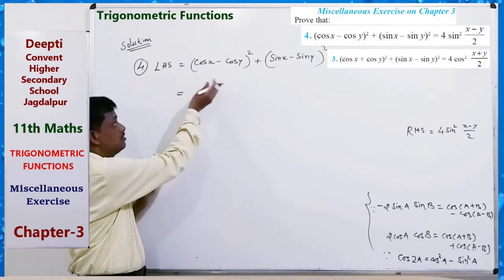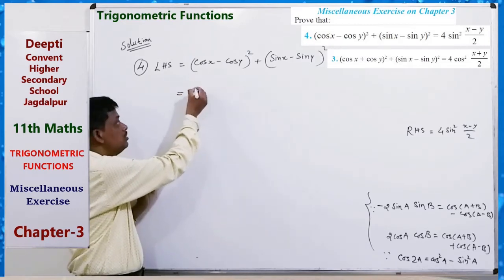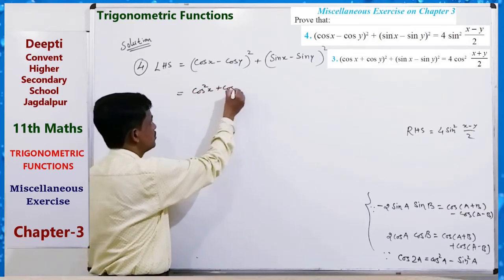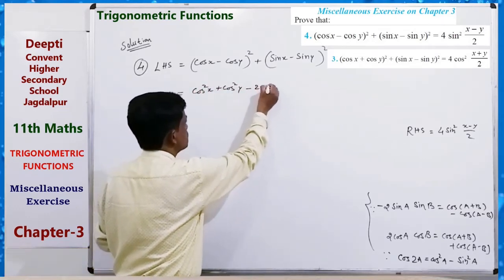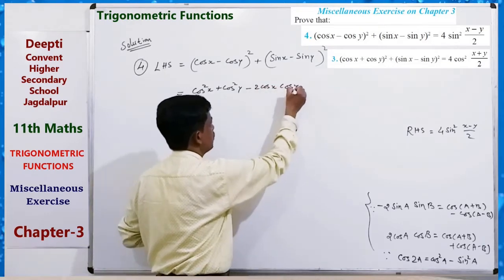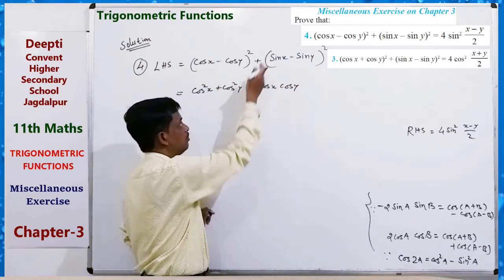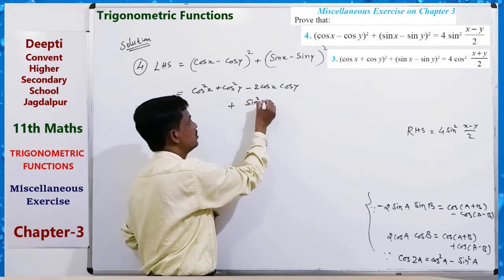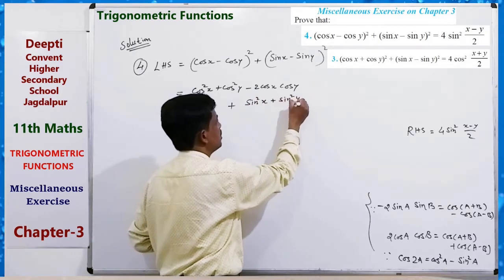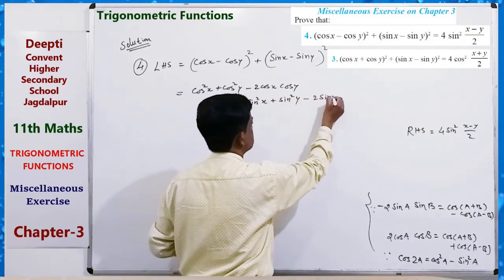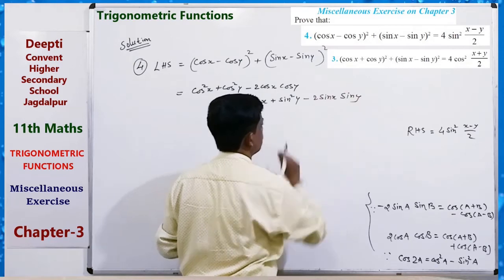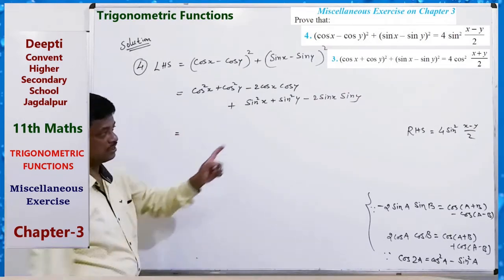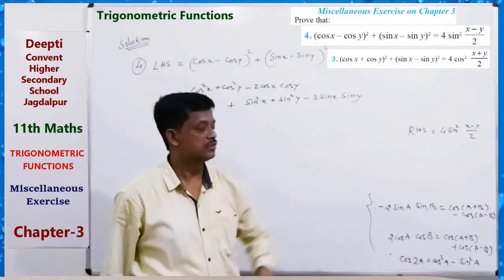So just break the square, (a minus b) whole square. So cos square x plus cos square y minus 2 cos x cos y. This is the first part. Plus the second part: sin square x plus sin square y minus 2 sin x sin y. Clear? So here our target is 4 times sin square of (x minus y) by 2.